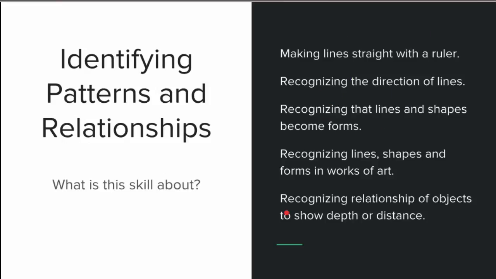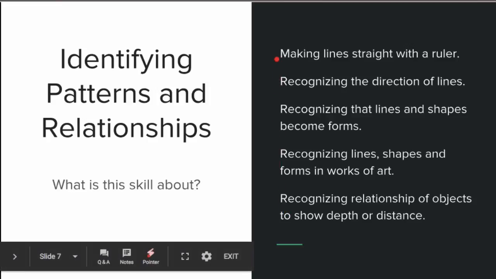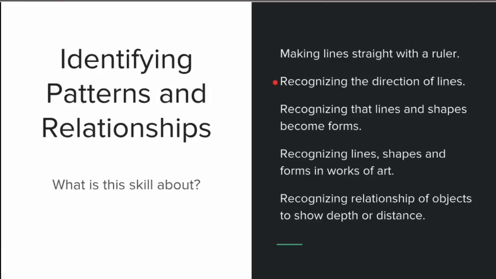So what is this skill all about? In your project, this skill means that you're able to make lines with a ruler, straight lines. You're able to recognize the different directions of lines. You also are able to see that lines and shapes become forms.